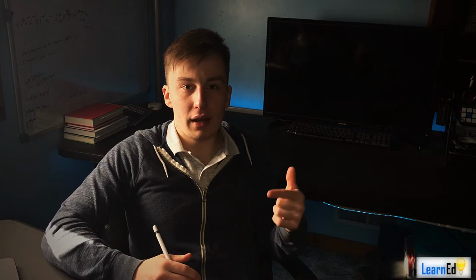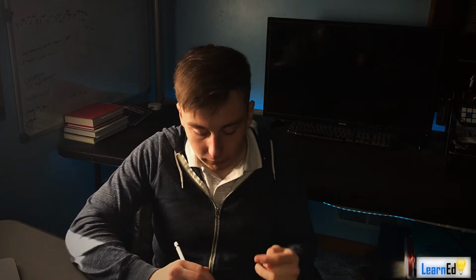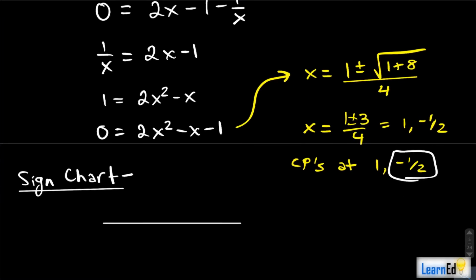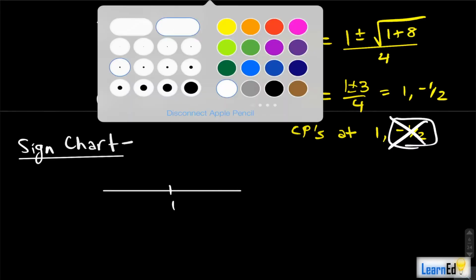You would see that this doesn't work because you can't have the natural log of a negative number. So you just analyze 1, and I'll cross that out. That's something to check, but anyways, let's get into actually analyzing our derivative.